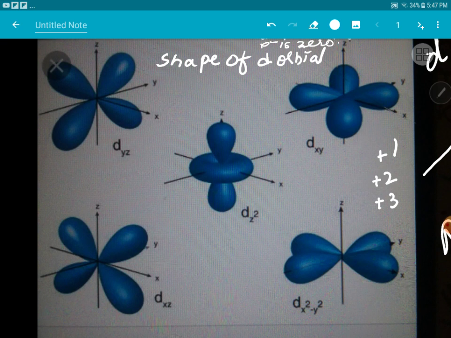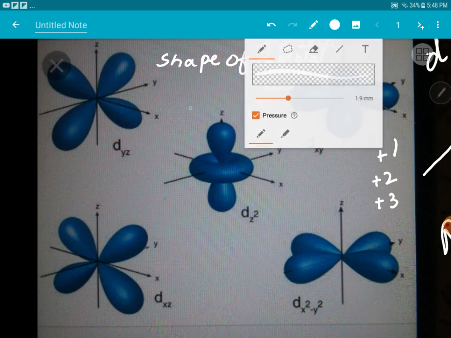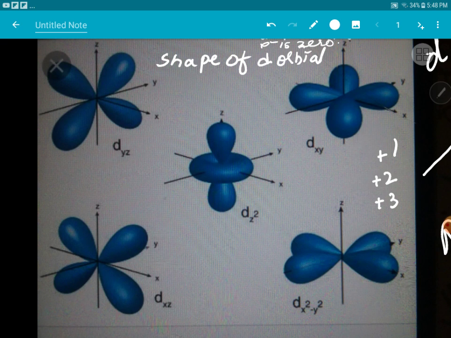The d orbital shape, you know, is clover leaf like, and four shapes are the same as clover leaf. One is dxy, second dyz, dxz, and dx square minus y square, and the fourth one, dz square, is dumbbell shaped, and around the dumbbell is a donut in the neck.